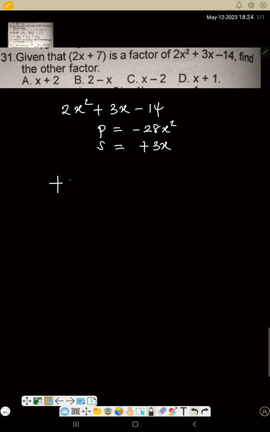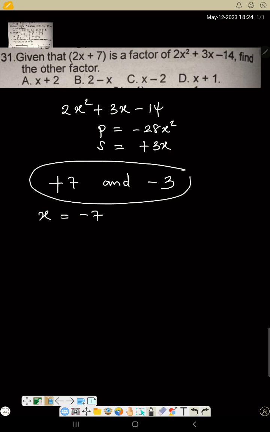The two numbers are plus 7 and minus 3. So that means our factor, as our answer normally will be 2x is equal to minus 7. Just reverse the sign. Remember how we got these two: the two numbers that you multiply that will give you minus 28, the same two numbers you add that you get plus 3.